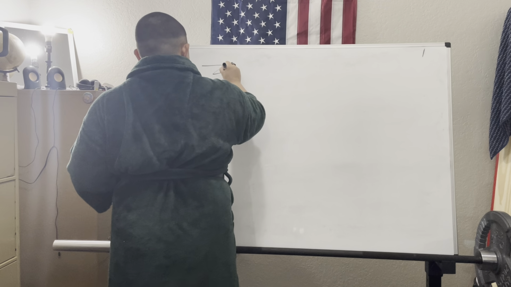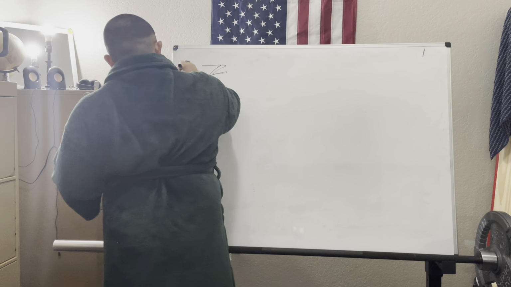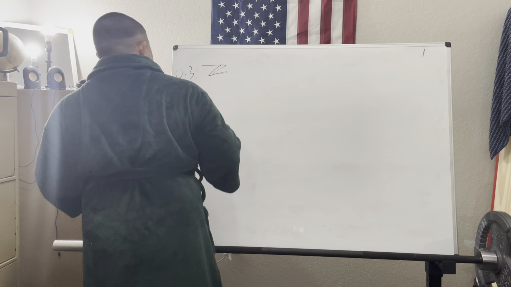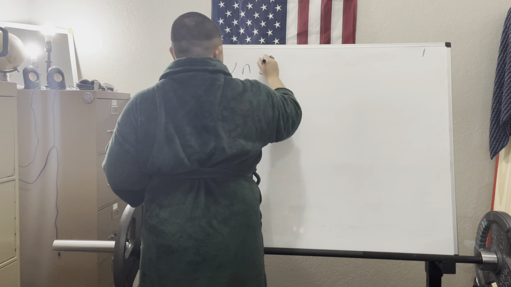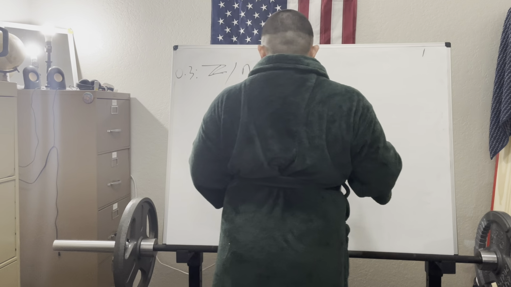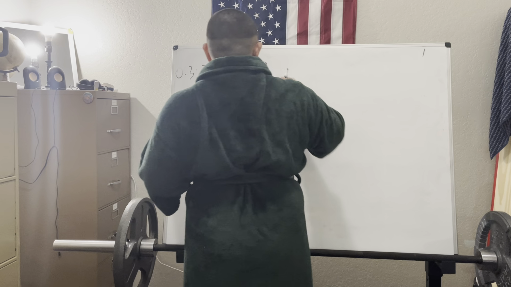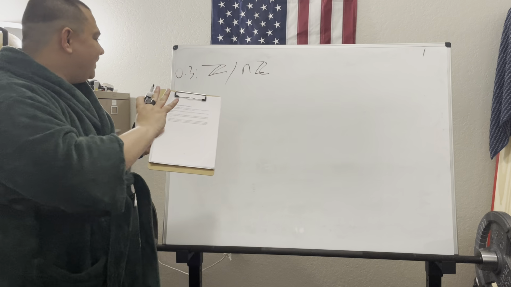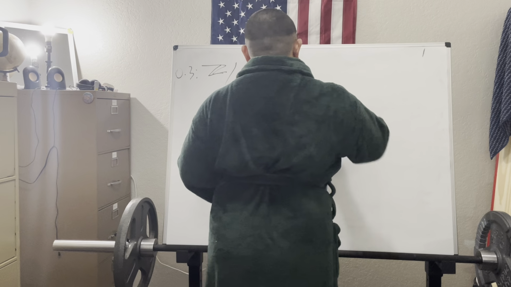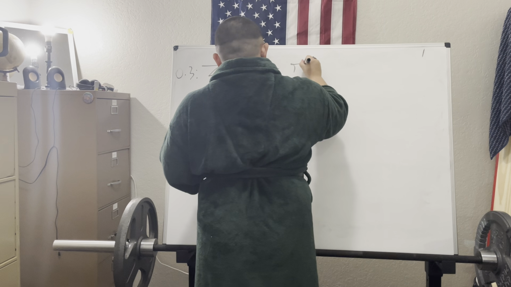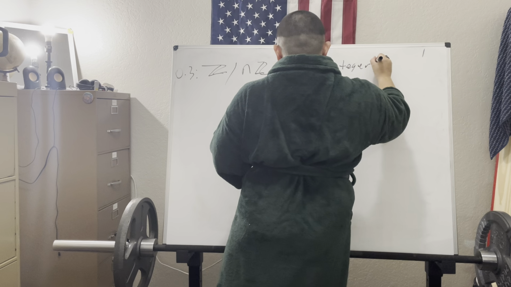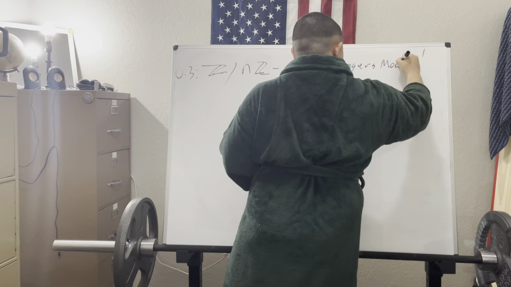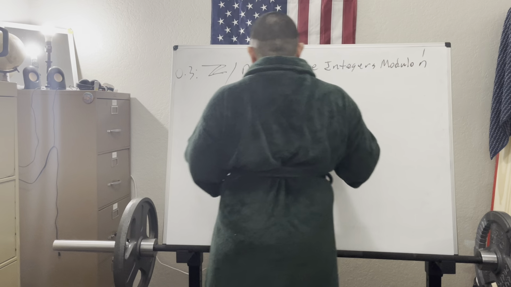So this is the integers over n times the integers, basically what it literally looks like. But the integers modulo n, that's what we'll refer to this as.